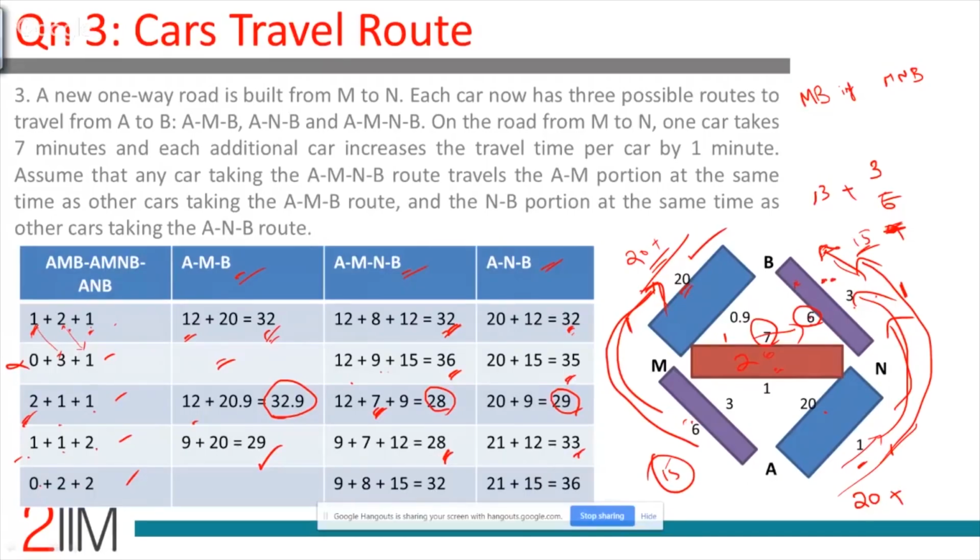0, 2, 2. The moment I put a 0, I'm going to have some 15 sitting there. There's a 15 here and there's a 15 here. So straight away, the 15s are going to kill my score. I'm not such a big fan. So now I'm going to investigate this deeper. And so 1, 2, 1 can become 2, 1, 1 if this fellow shifts here.